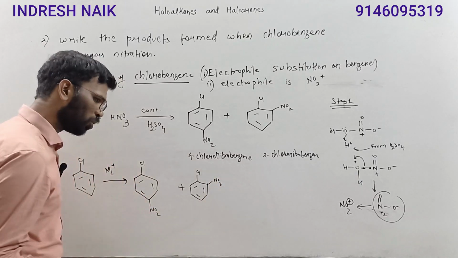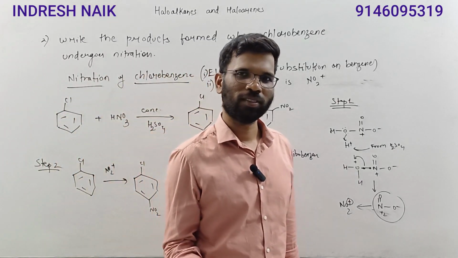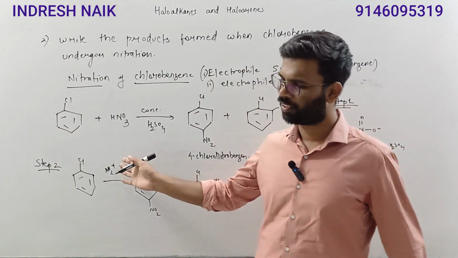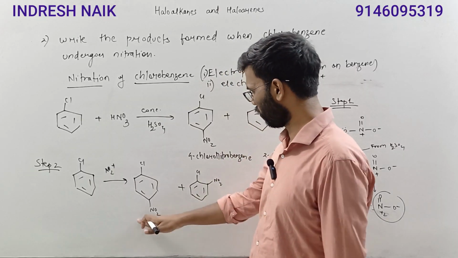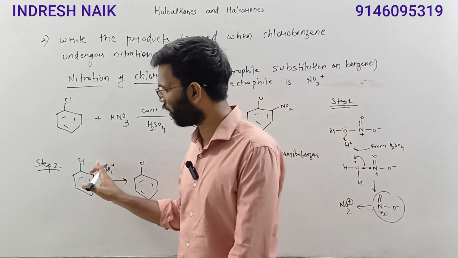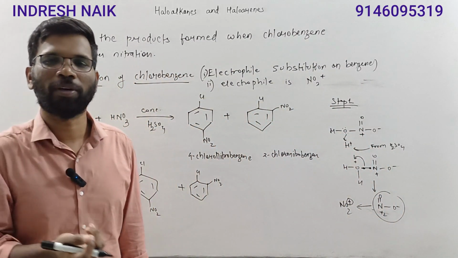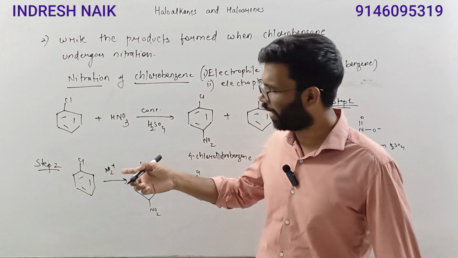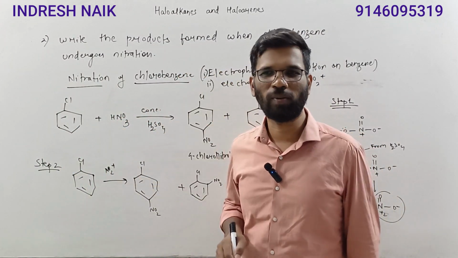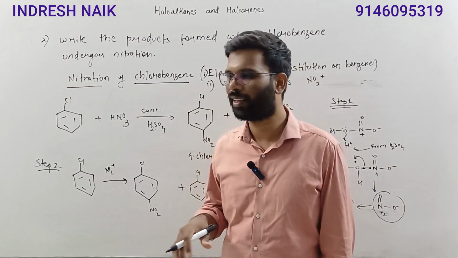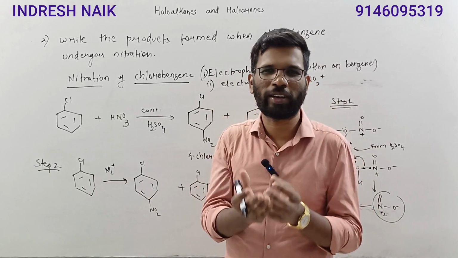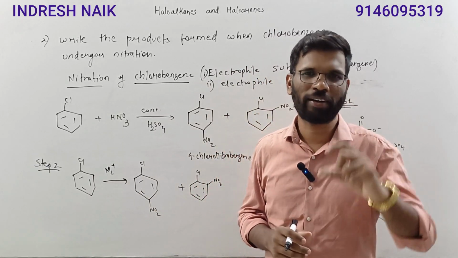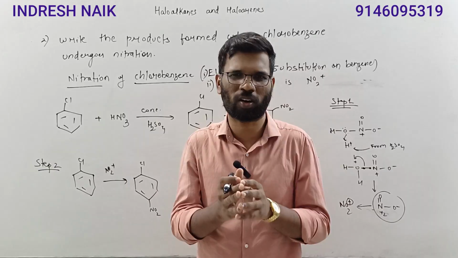Some students asked me that day, sir, only one NO2 is there, how is it possible to get two products? Remember, student, one NO2 does not mean only one molecule is reacting. Like one bottle of water, or 100 ml of water, does not have just one water molecule, but a large number.